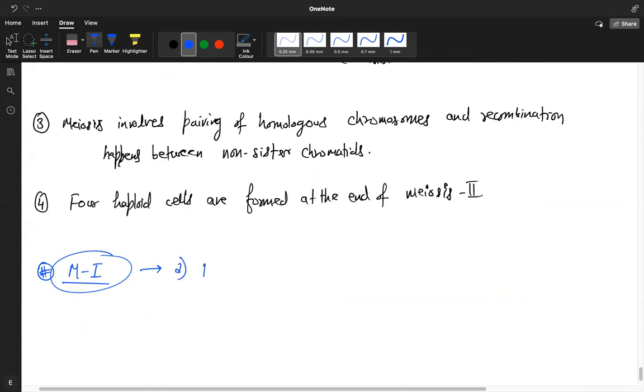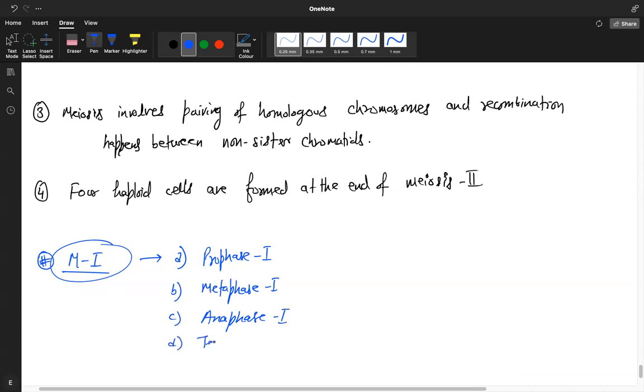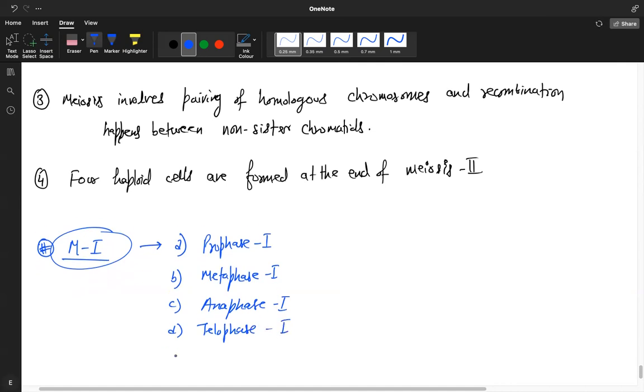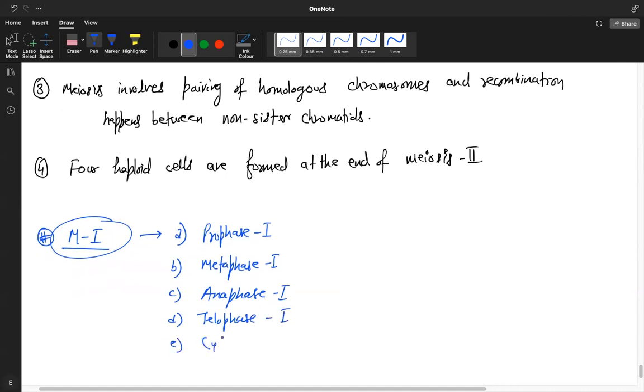First is Prophase 1, then Metaphase 1, Anaphase 1, Telophase 1, and finally Cytokinesis 1.